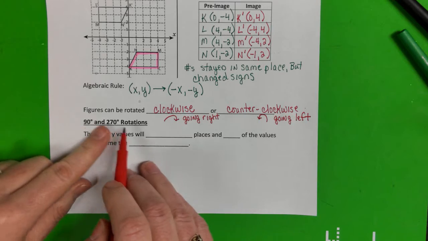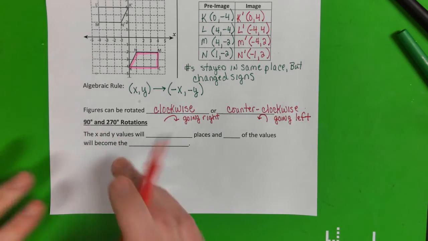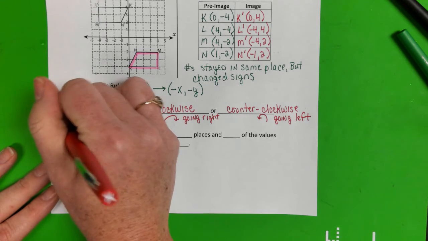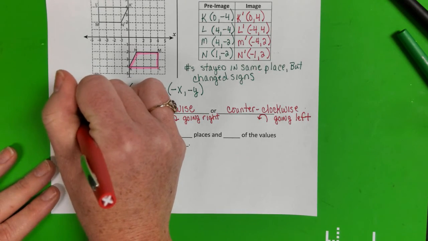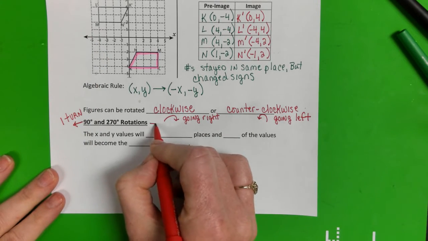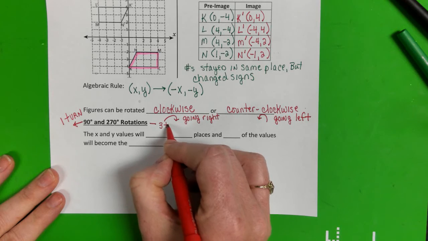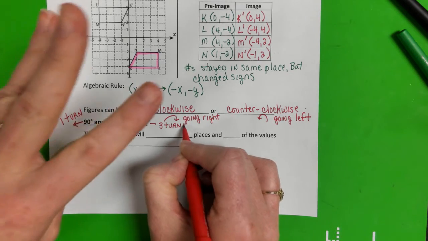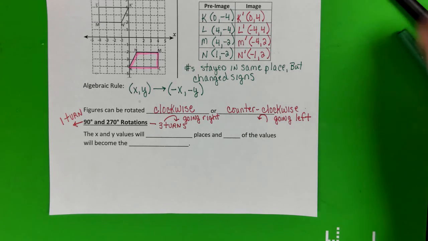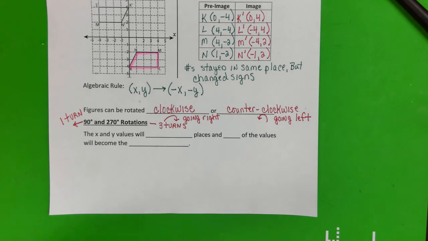90-degree rotations and 270-degree rotations are very similar. First of all, 90 degrees, I hope we realize, is 1 turn, which means it would change 1 quadrant. A 270 rotation is 3 turns, which means it would change 3 quadrants. It would move 3 times. We're not going to get really specific because it depends on if we move counterclockwise or clockwise.